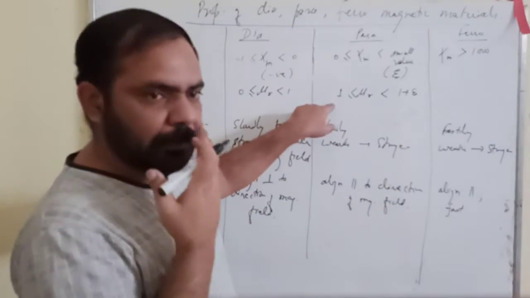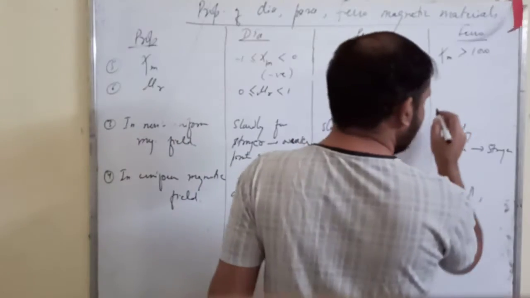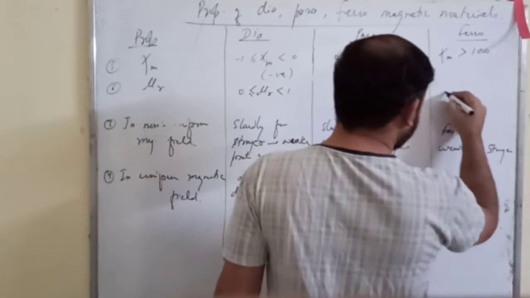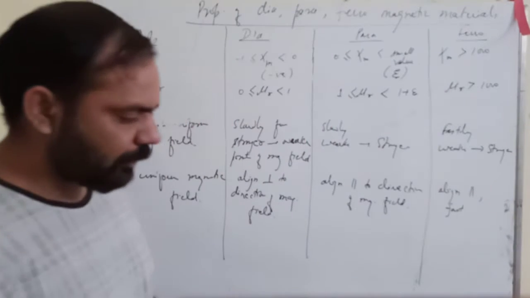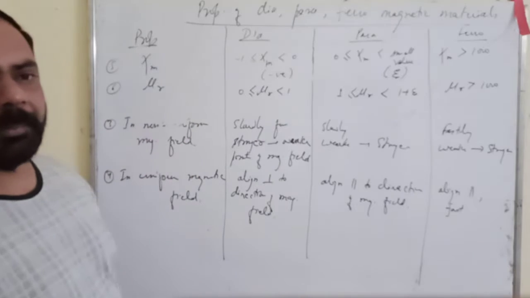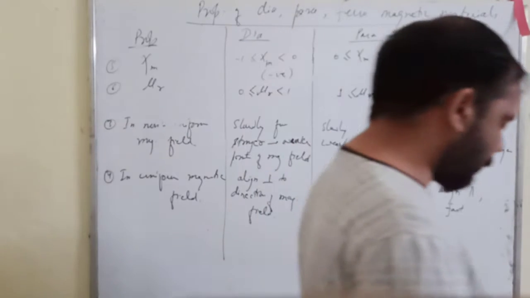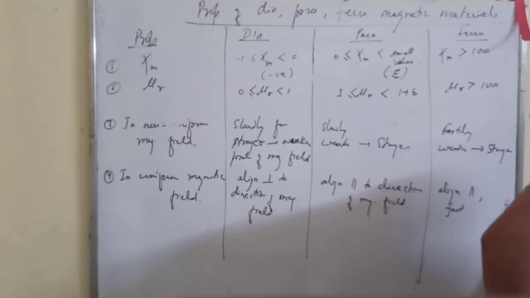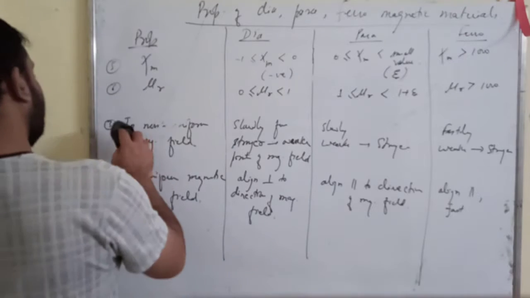And ferromagnetic materials have a large value of relative permeability, more than 1000, and it can be more than 1000 also. Alright, so next is the 7th one.